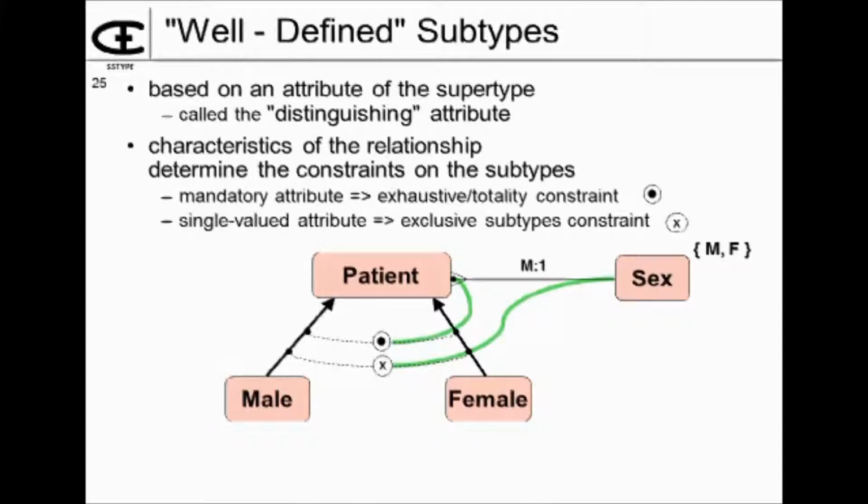Well, it's only one. It's exclusive. And so what that says is that those subtypes are exclusive. You can't be in both of them. So what we're showing in the patient-to-sex relationship is that you must belong to at most one sex. So that says something about membership in the subtypes. If it's optional, then you don't have to belong to either one of the subtypes.